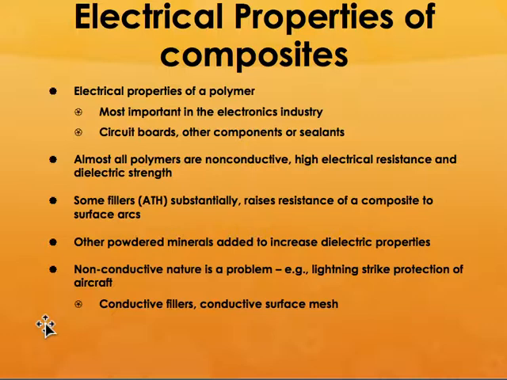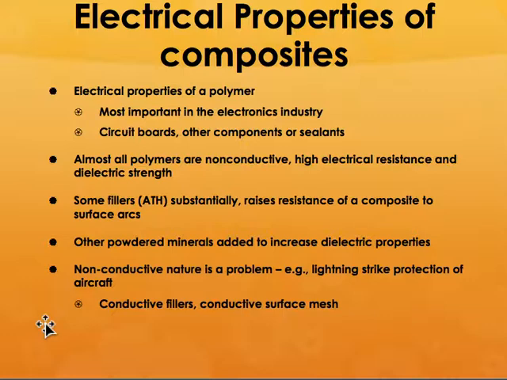And if you are going to do that circuit boards, you want to have reasonably good electrical properties. Or even if you are using it in an aircraft structure, it has to be resistant towards lightning strike, and it has to have good electromagnetic interference properties.